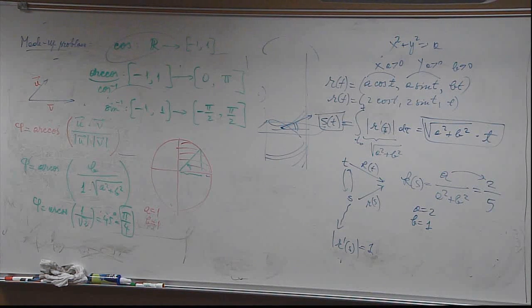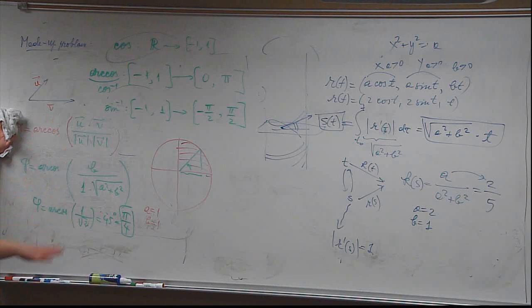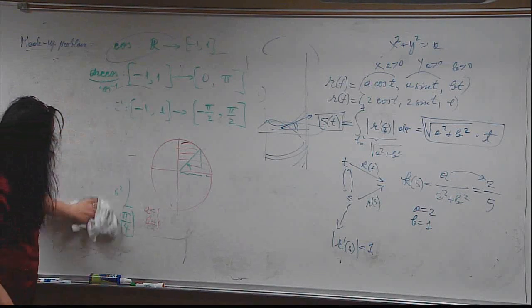You turn with that little train, you go up. When you turn the velocity vector and you look at the z-axis, you always have an angle between 0 and pi over 2. So it makes sense. I'm going to go ahead and erase the whole thing.